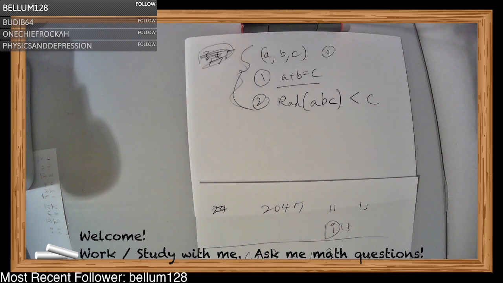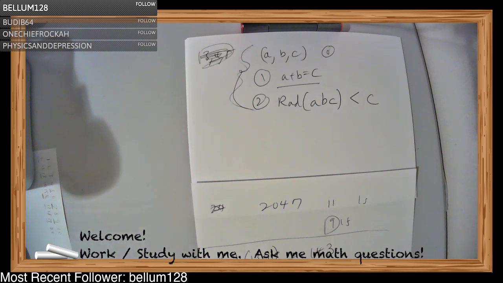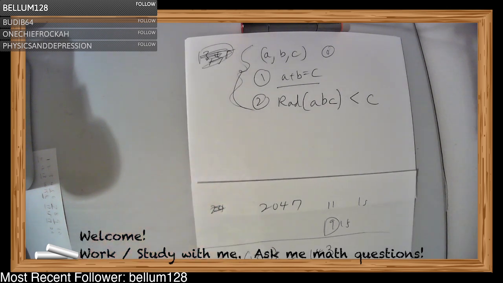Not so easy. I believe there are only three or four triples where all three numbers are less than 100. So, kind of cool stuff.